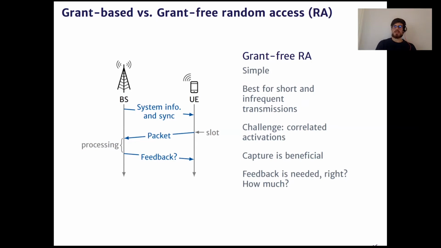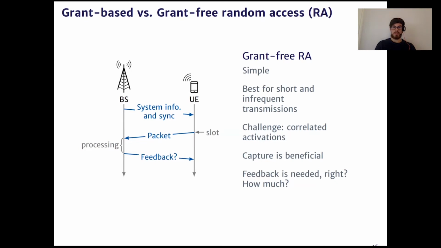The challenge is with correlated activations. Anyway, we may need some kind of coordination from the base station or among the users to avoid failures. Capture in this case is quite beneficial because then you're decoding the packet actually, not just an access request. So this is saving a lot of time. So capture is an important element in the rest of the talk for today.